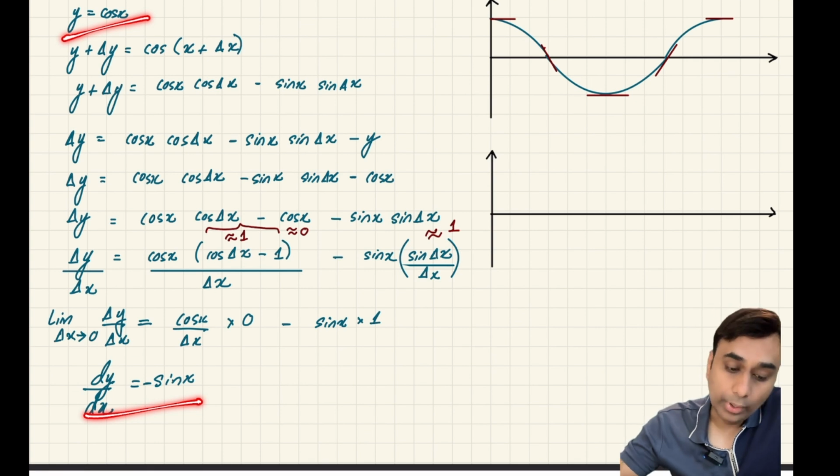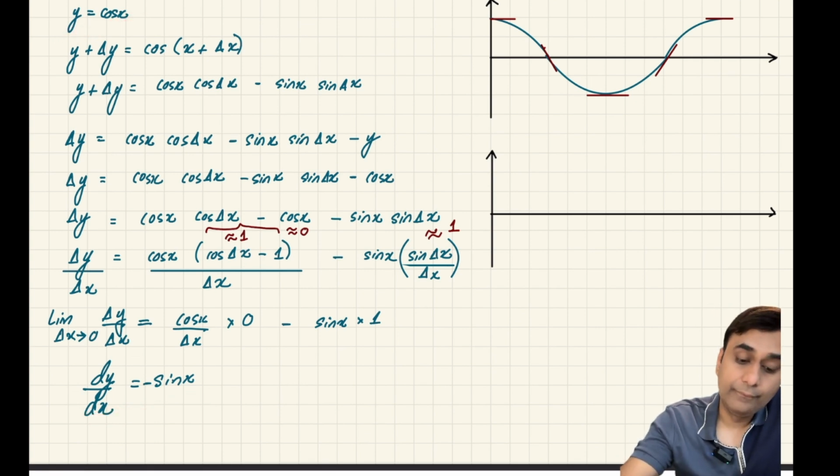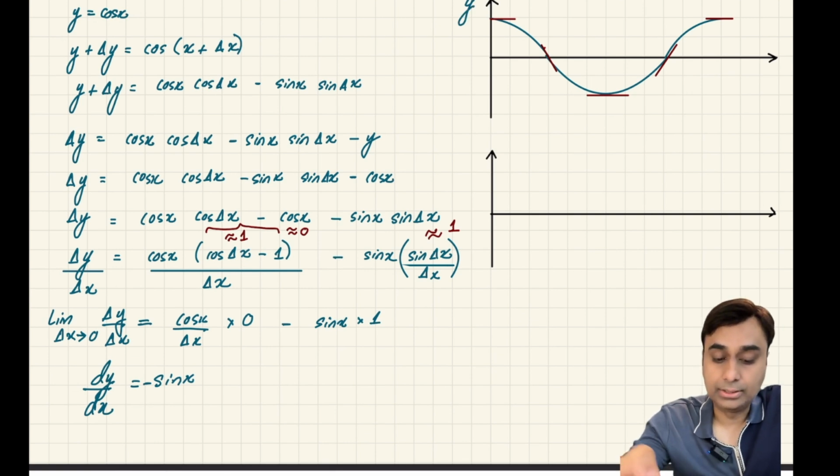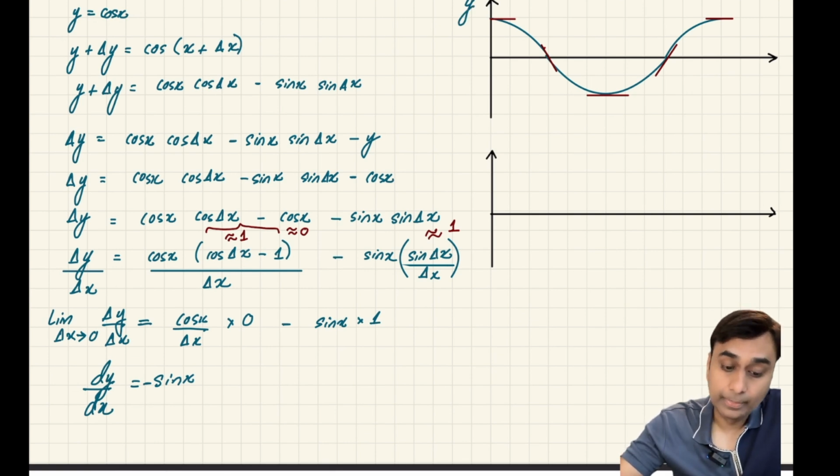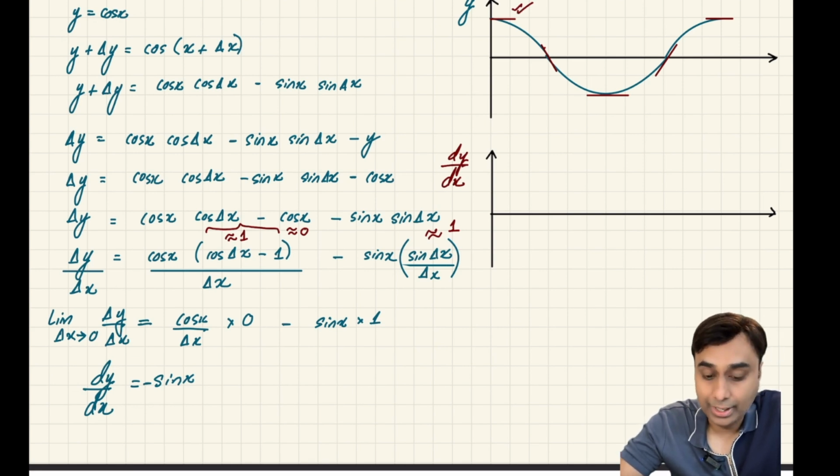I can also look at it graphically. You must know by now, I told you in the beginning, that this is how the graph of cos x looks. If I want to sketch the graph of dy by dx, I would recognize that initially the gradient is a horizontal flat line, which means the gradient is going to be 0.